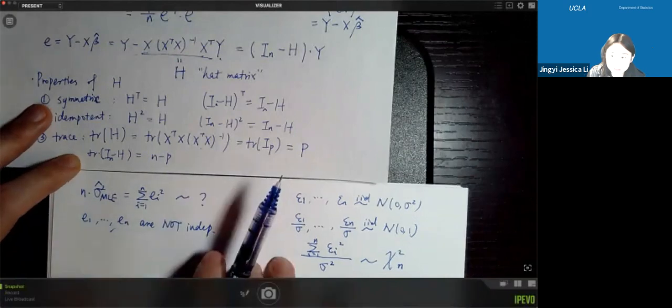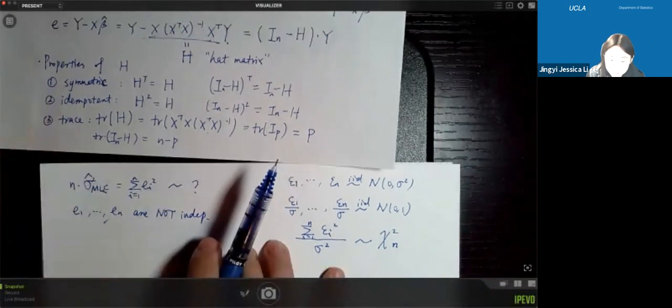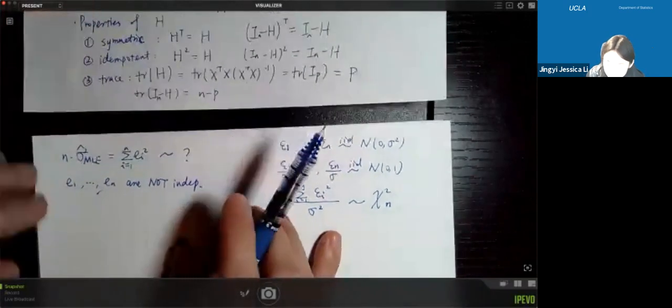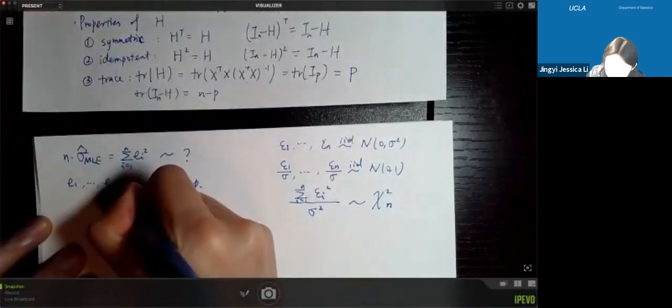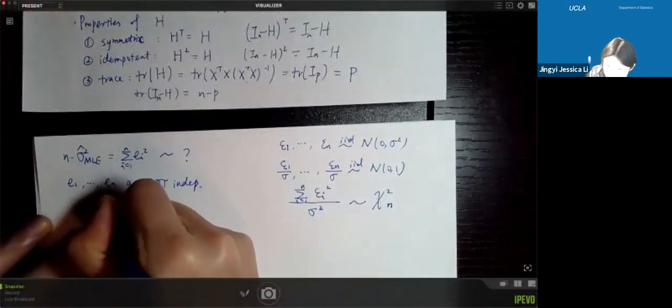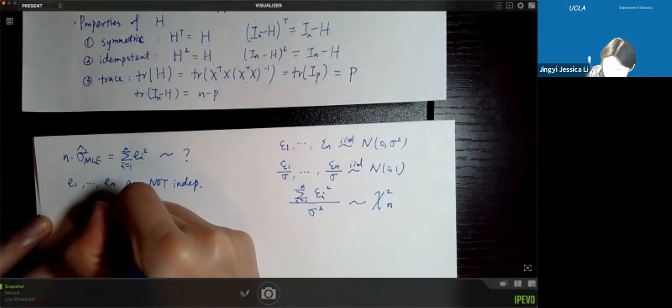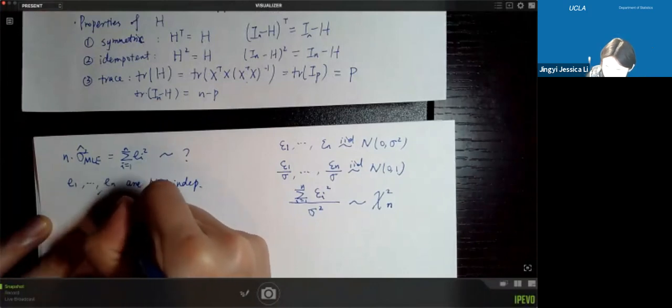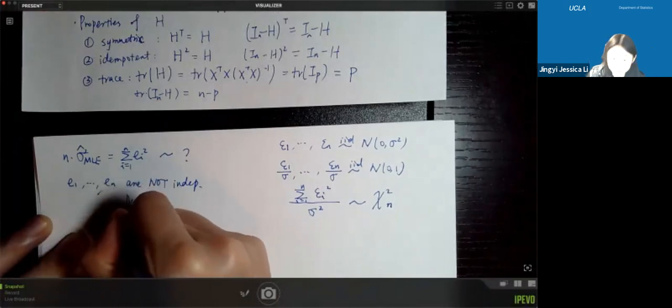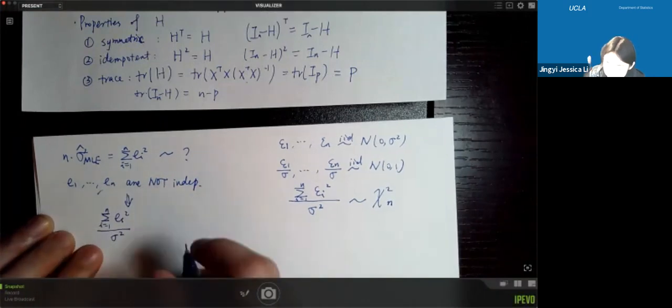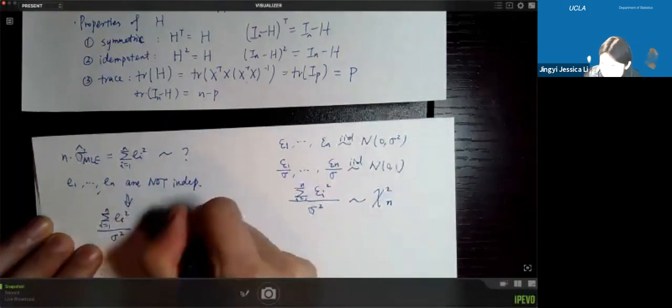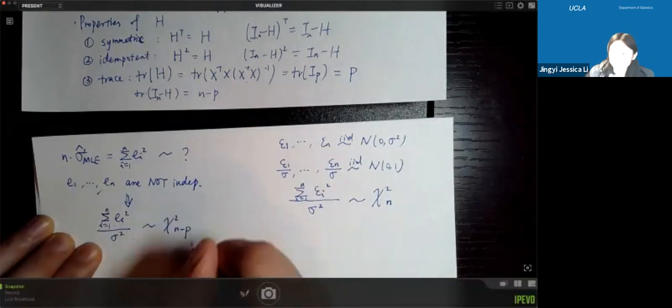It contains a lot of detail you can check. But the result is that we can show this one, summation i from 1 to n ei squared over sigma squared, follows chi-square with n minus p degrees of freedom.